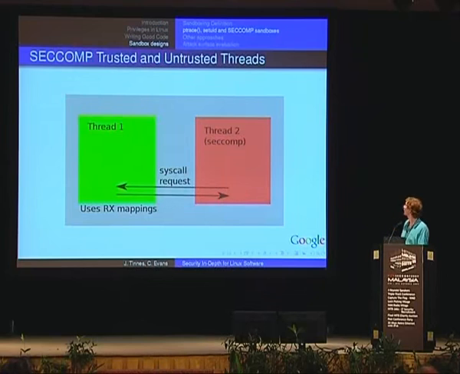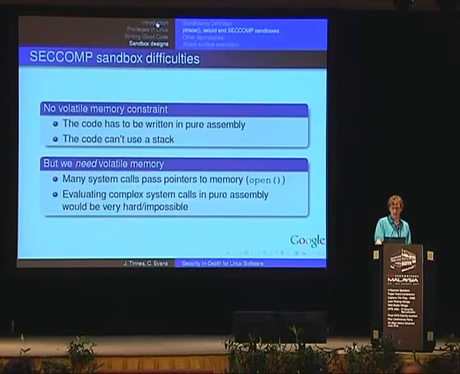Here is a figure to understand how it works. You see the common address space. Thread 1 is the trusted thread, and thread 2 is untrusted and under seccomp, and it makes syscall requests to the trusted thread. The problem I mentioned is the no volatile memory constraint.